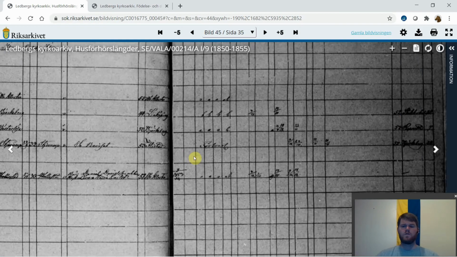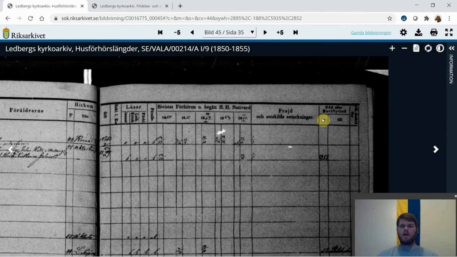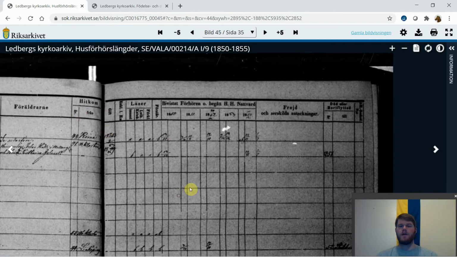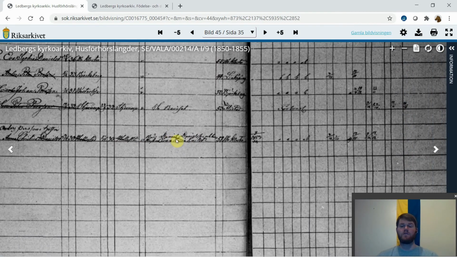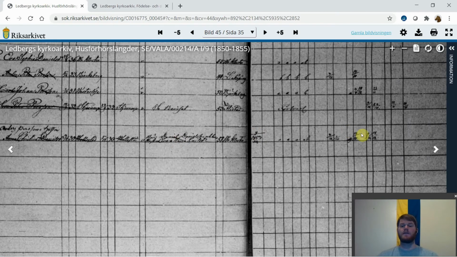You can also look in the moving columns, moving from, moving to, and that will give a good hint of that individual, because if it says they got married and then it says that they moved to a place, if you find them in that next household examination and it has their husband or wife, whichever one you're missing, then you can just look at their spouse's moved from information and find them that way.